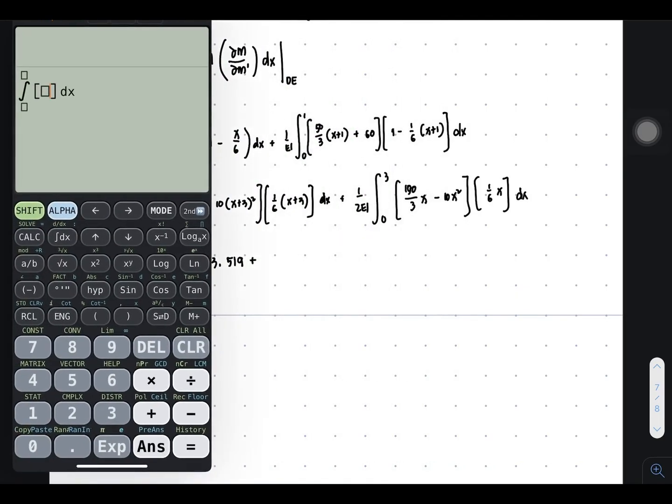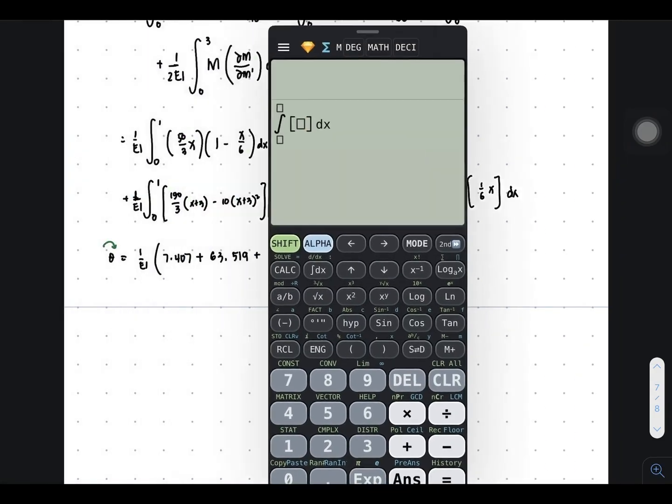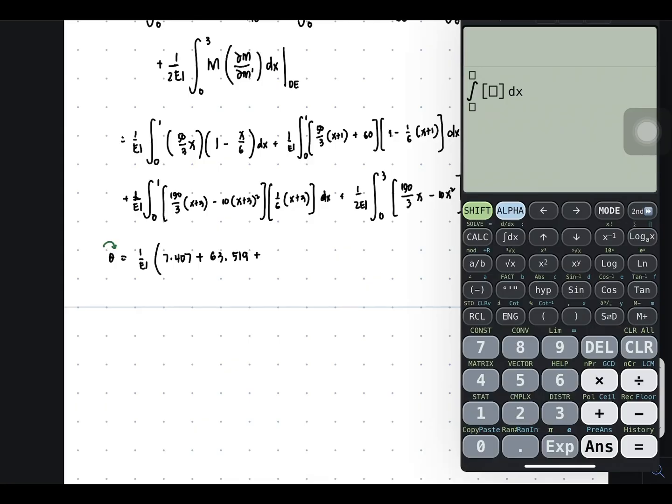the integral of 190 over 3 (x plus 3) minus 10 times (x plus 3) squared, close it, times (x plus 3) over 6, and the limit is from 0 to 1.